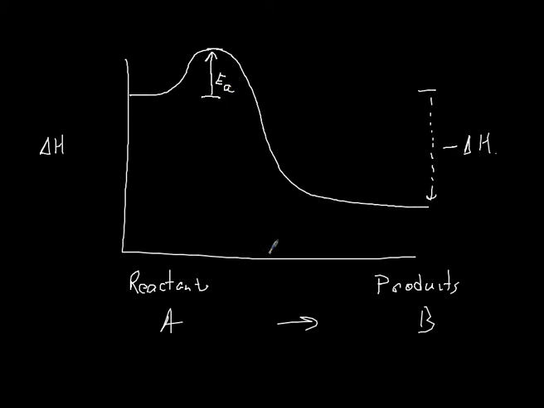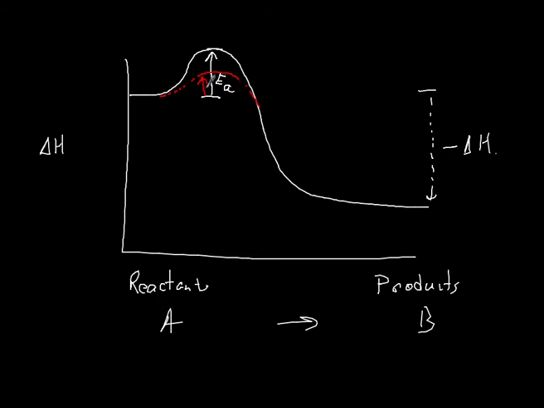Now, what a catalyst does is it takes that hump and it lowers it. It provides an alternative pathway of lower activation energy. And so instead of having to get all the way up there, the particles only have to get up to this smaller hump, and that's going to allow more particles to collide with sufficient energy in order to react.